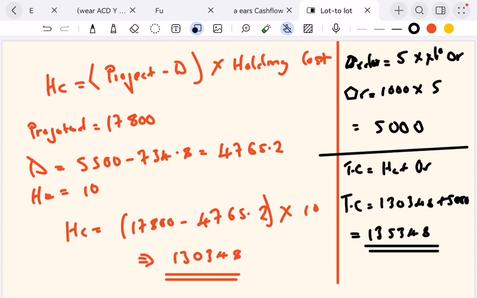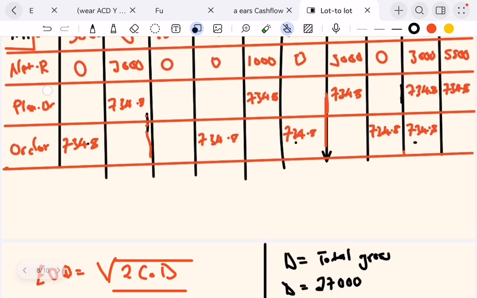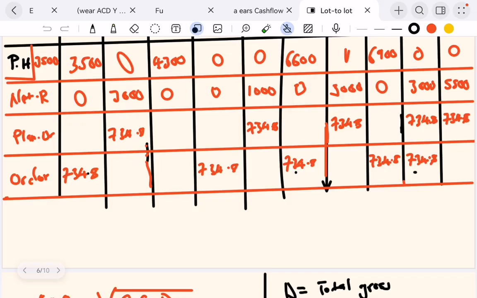So sorry, for the holding cost, you said the setup cost times 5. But getting 5 from where? Times the number of orders. These are the number of orders.